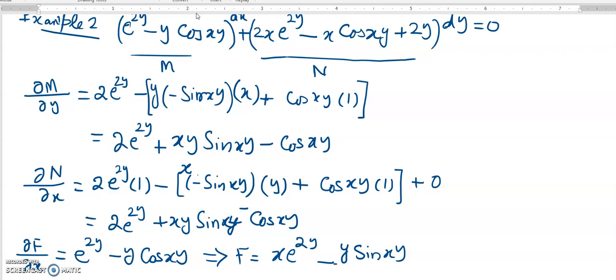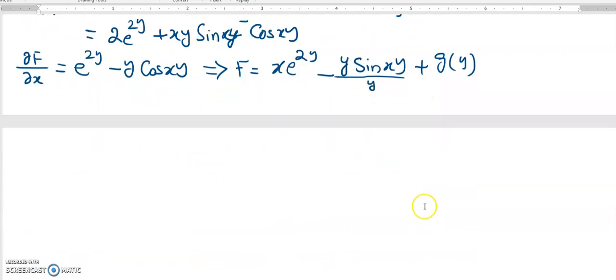Plus g of y, that means a function in y which is a constant with respect to x. In this case you can see that y cancels out with the y over here.